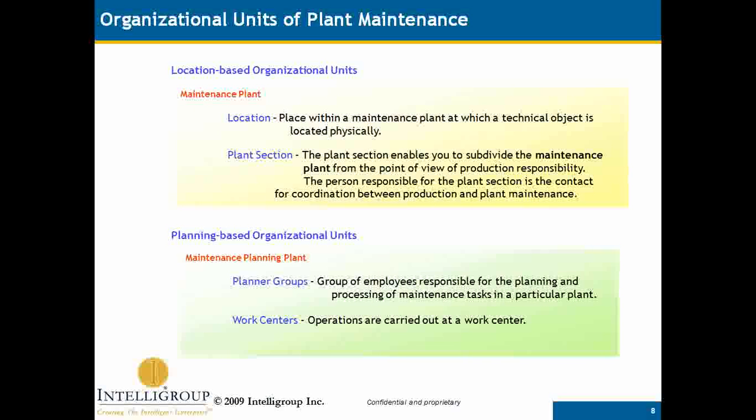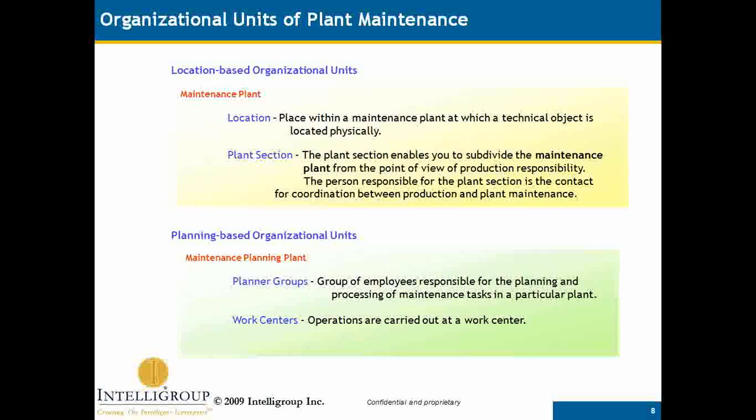Here are the definitions. Location based organization units are called the maintenance plant. The planning based organization is your maintenance planning plant. A maintenance plant will have locations and plant sections. As I explained, within the four boundaries there may be different units, different sections, different departments.